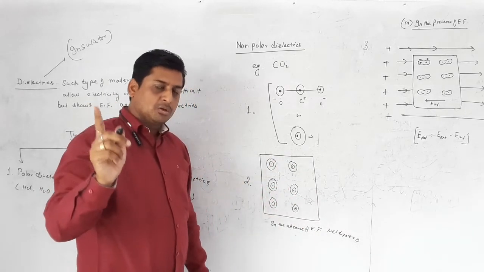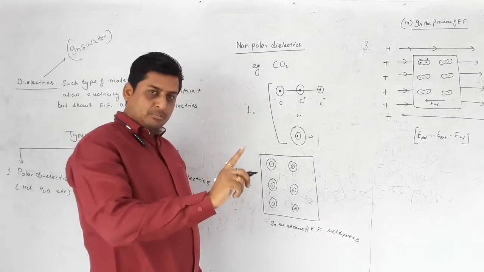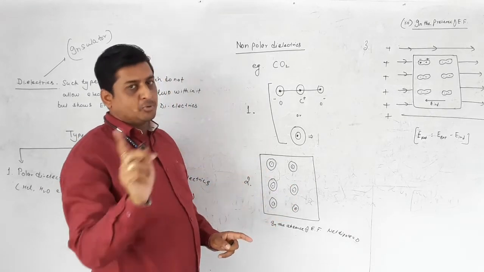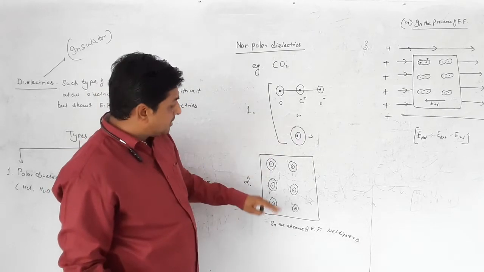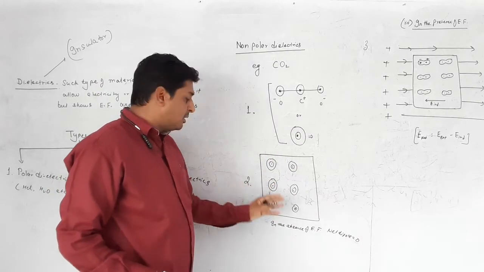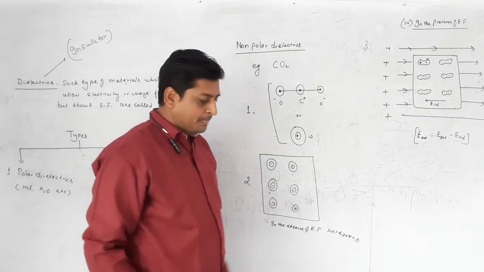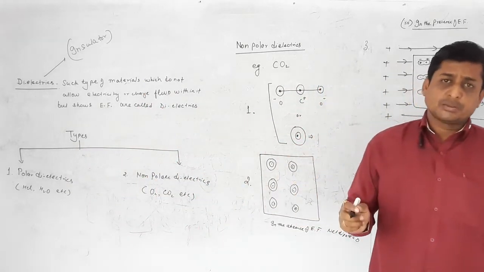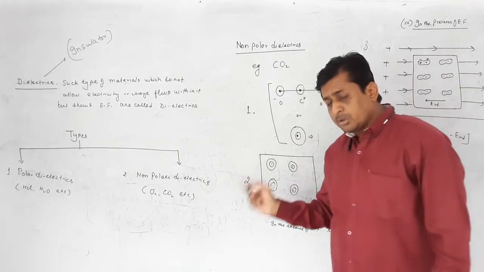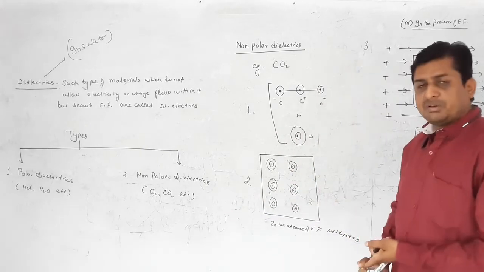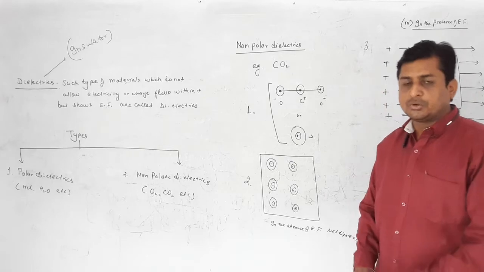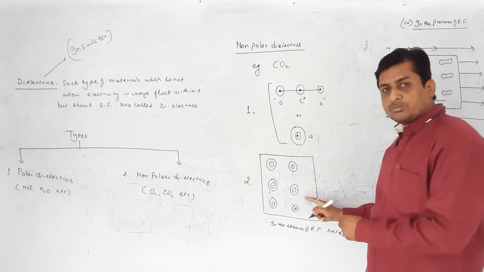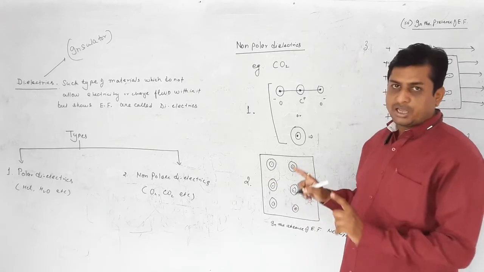In the polar molecule there were individual dipoles present, but all the dipoles were randomly distributed, due to which the net dipole was 0. And here there is already no individual dipole, hence the net dipole will be 0. Means in the case of polar molecule or non-polar molecule, in both cases, in the absence of electric field, the net dipole is 0. But in polar molecules, individual dipoles are present, while in non-polar molecules, no individual dipoles.